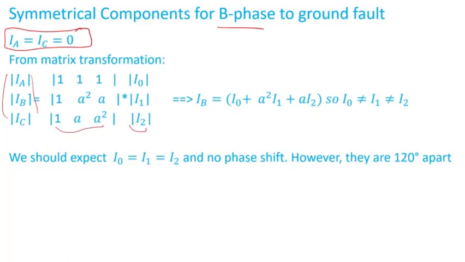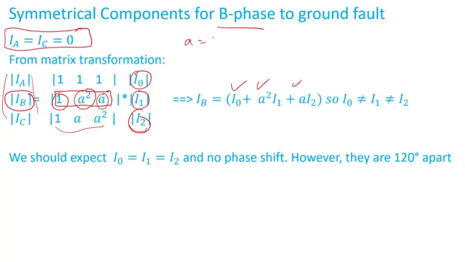Since phase B is the faulted phase, I'm going to take the B row here. So it's 1 times I0 plus A squared times I1 plus A times I2. That's what you see here.